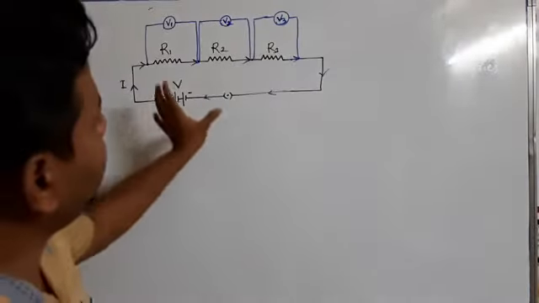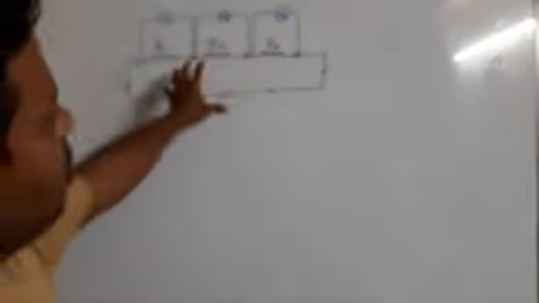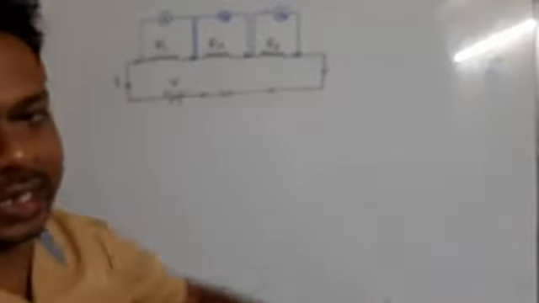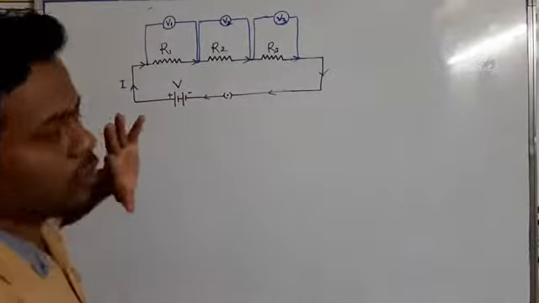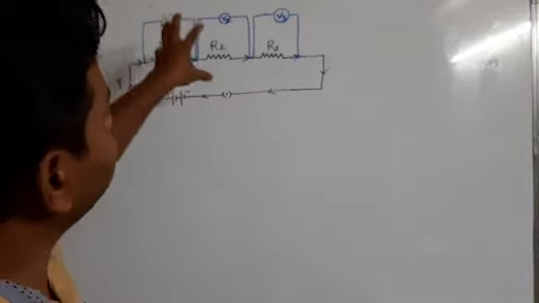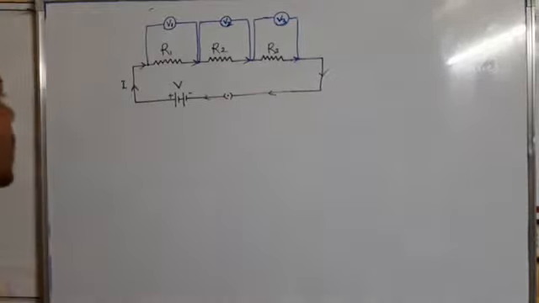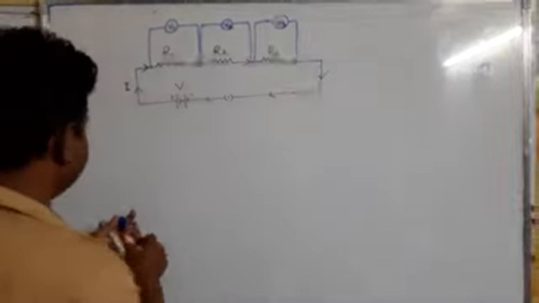These things I have already shown in the diagram. You have to write all these things in detail, but because of lack of space I am not writing them. All these things that I have told are represented through a diagram. So in this case, this is a series connection.